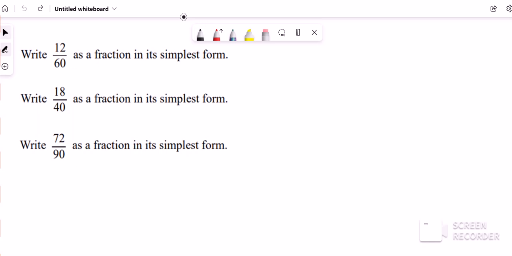So for example here, we've got 12 over 60. I know that 12 can be divided by 3. So if I divide by 3, I get 4. If I divide 60 by 3, I get 20. So that's 4 over 20.